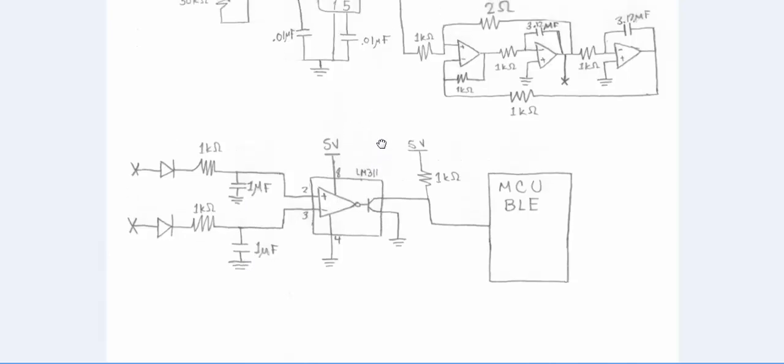And then, to finish demodulating the signal, we use a comparator. We use another one, LM311.